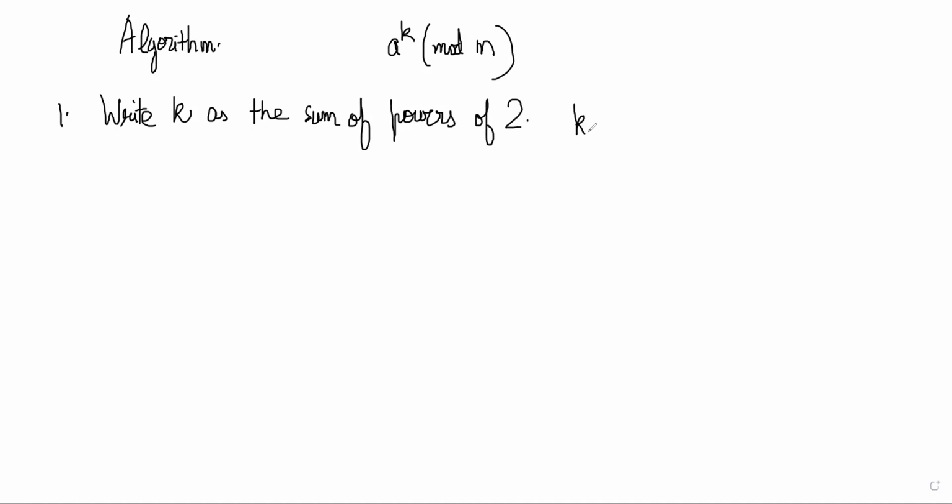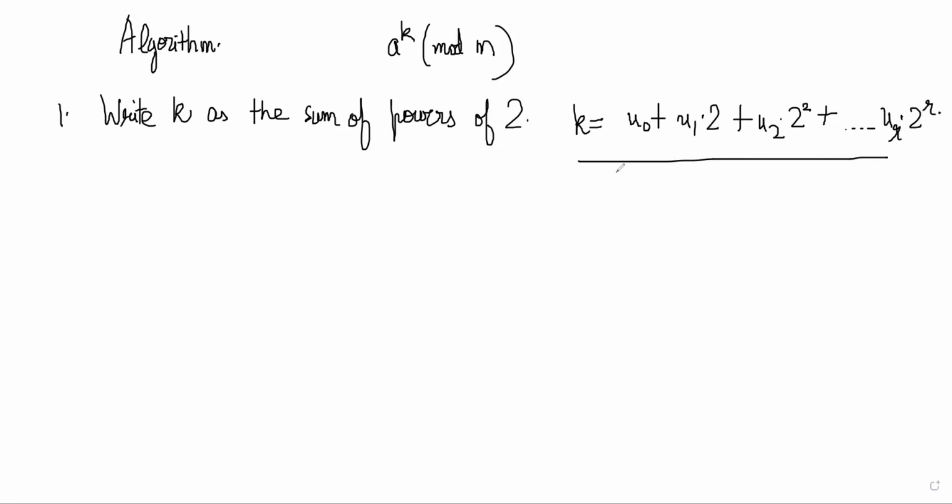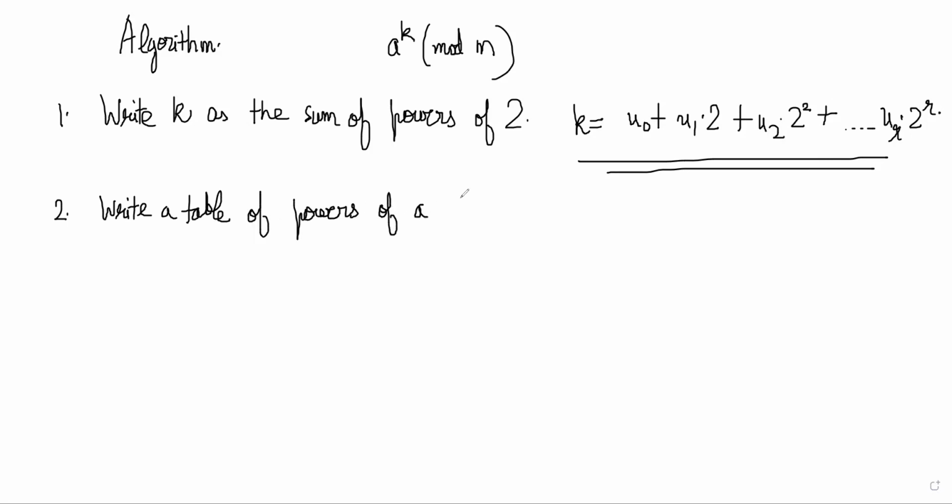So k can be written as u0 plus u1 times 2 plus u2 times 2 square and so on till ur times 2 power r, right? That is my k. Second step, write a table of powers of a mod m. So basically we want a table like this.